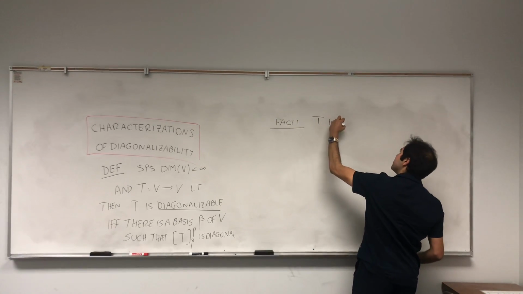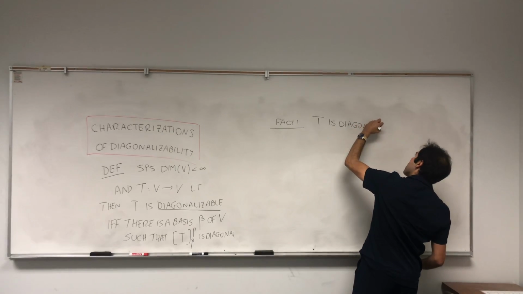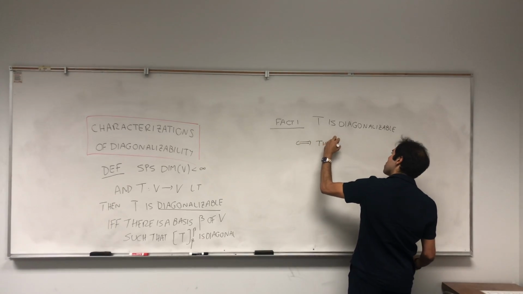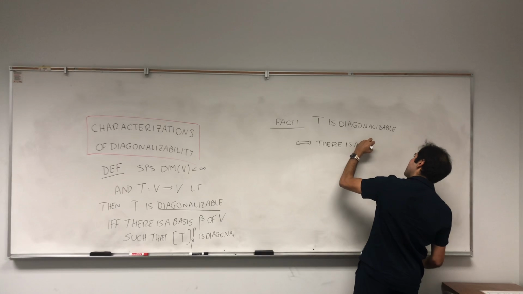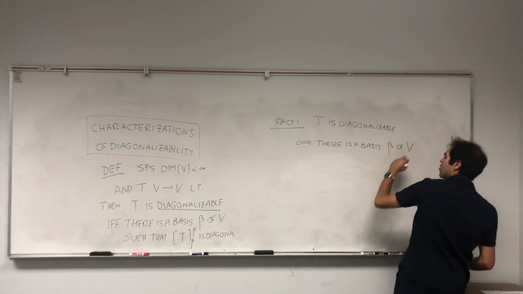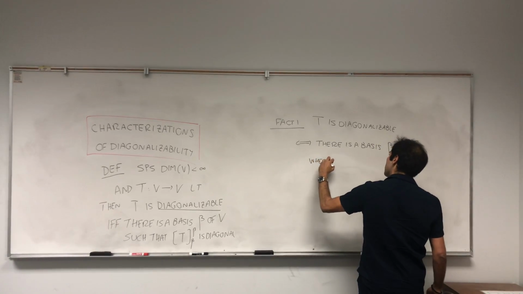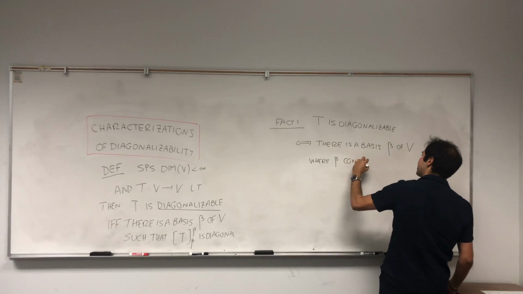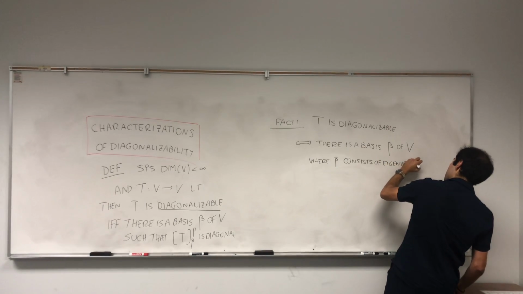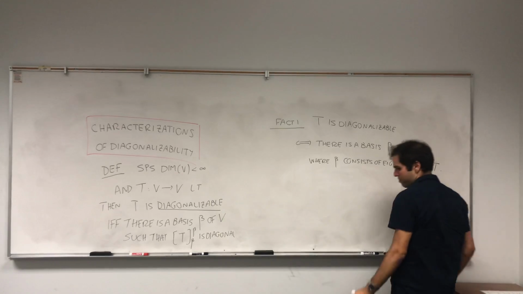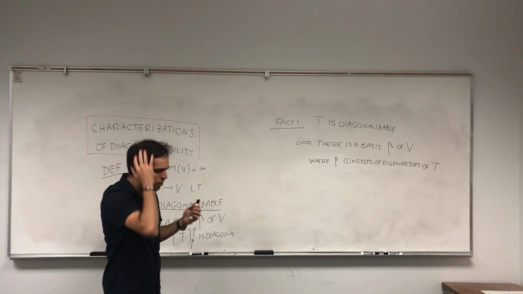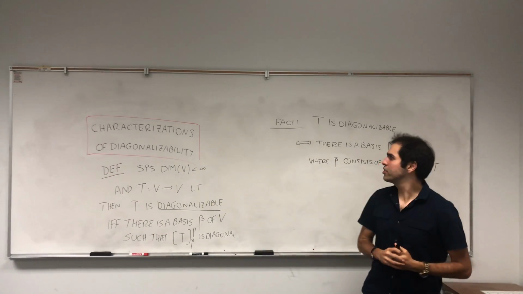T is diagonalizable if and only if there is a basis beta of V where beta consists of eigenvectors of T. In other words, a linear operator is diagonalizable if and only if you can find a basis of eigenvectors of that linear transformation.